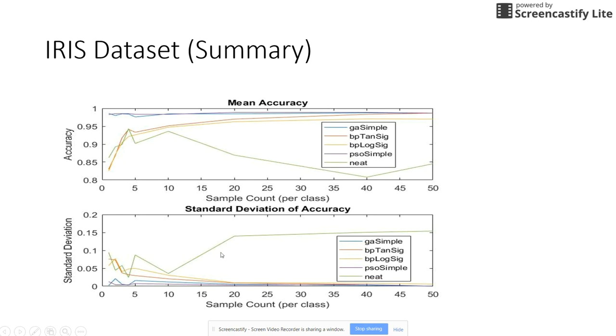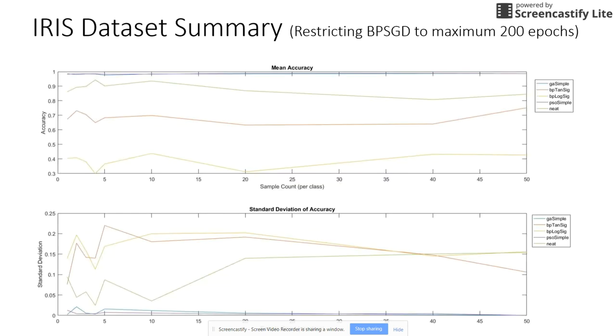However, NEAT actually failed to perform well in this case. This can also be because it's a topology evolving algorithm as well, so it might need more training time, but more on this can only be obtained by further research.